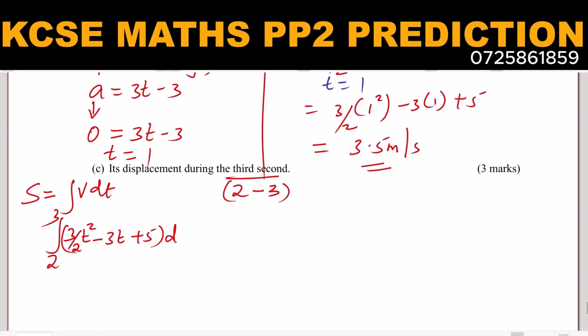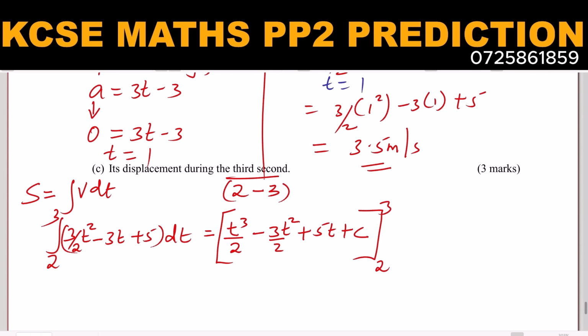Integrating this with respect to t, the 3 over 2 t squared gives t cubed divided by 2, because 3t cubed divided by 6. Then integrating negative 3t gives negative 3t squared over 2, then plus 5t plus the constant of integration, in square brackets, from 2 to 3 seconds.